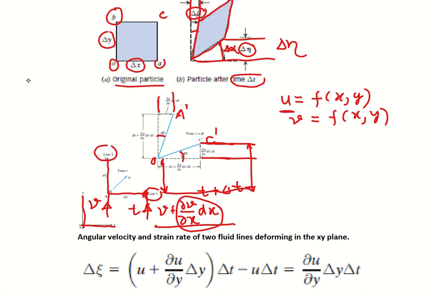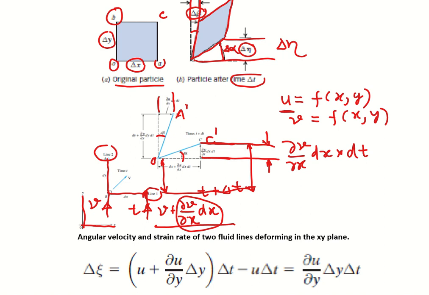So what is the difference here? This difference is equal to del v over del x into dx, or in some books you will find it written as delta x, multiplied by time dt or delta t.